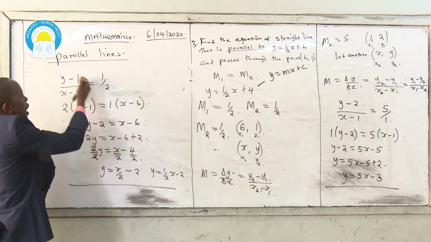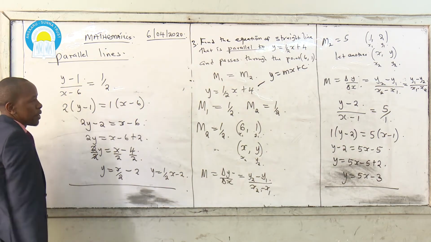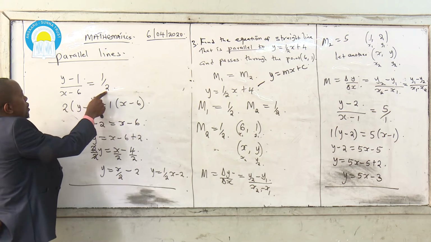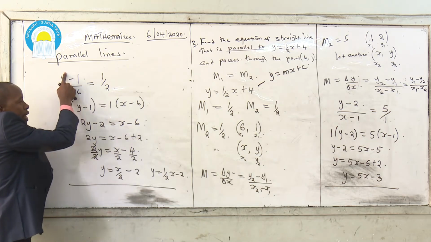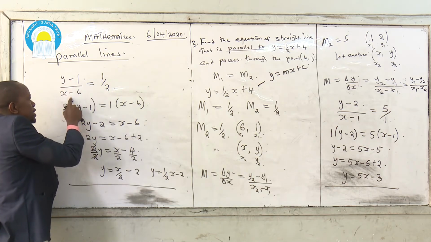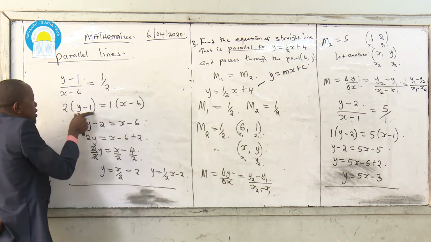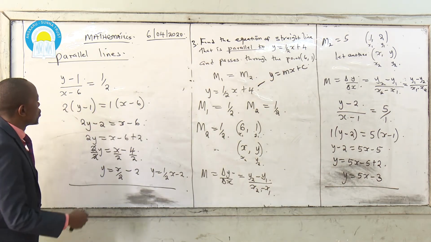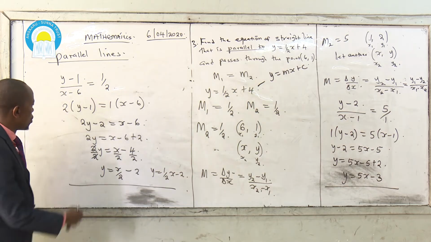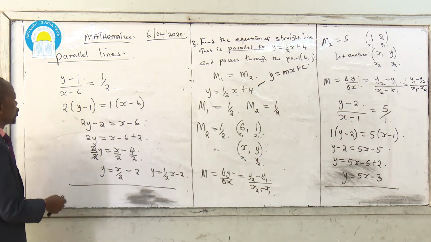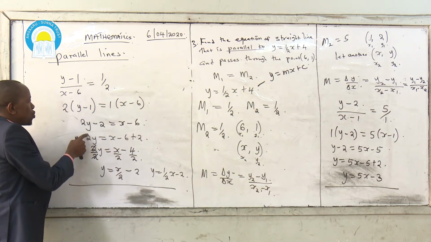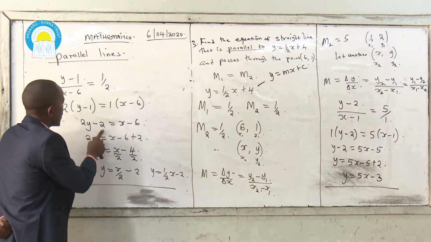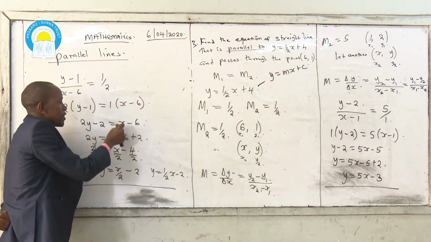In this case, I cross multiplied, the numerator times the denominator on one side, and the denominator times the numerator on the other side. Then I inserted the brackets so that I can work out easily without any confusion. 2 times y, that is 2y. 2 times negative 1, that is negative 2. 1 times x gives us x.